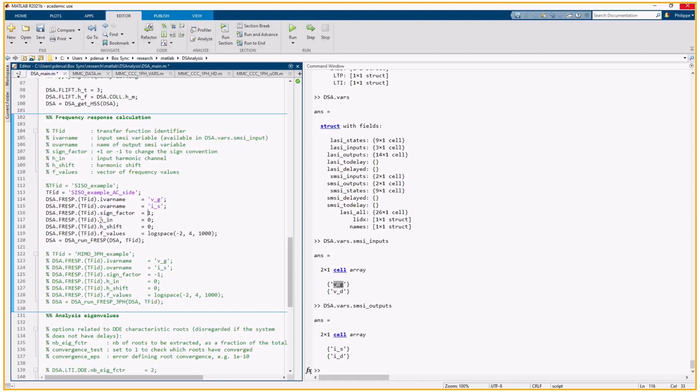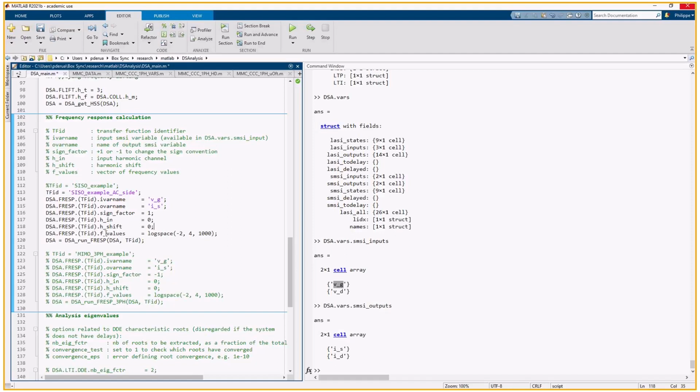This is the harmonic channel from which the harmonic disturbance will be considered. You can keep it as 0. And then H-shift is the harmonic shift as a number of times the fundamental frequency, which I will keep to 0 for now, meaning that I'm technically looking for a no-shift frequency response.